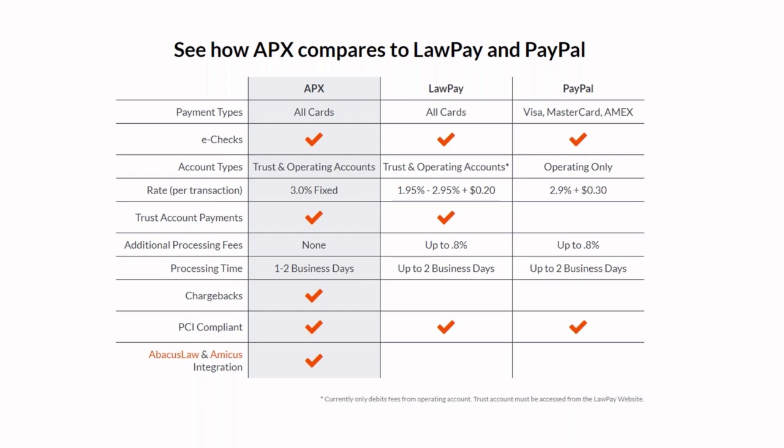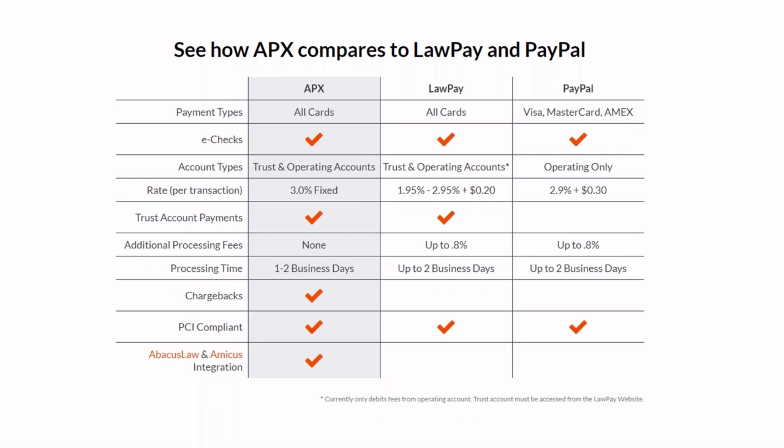We actually had a client who sent us their current statement for a competitor processor that had an advertised rate of 2.5%, and when we actually did the math, they were paying closer to 7%. So the idea is really straightforward. You always know what you're actually going to be charged within APX.